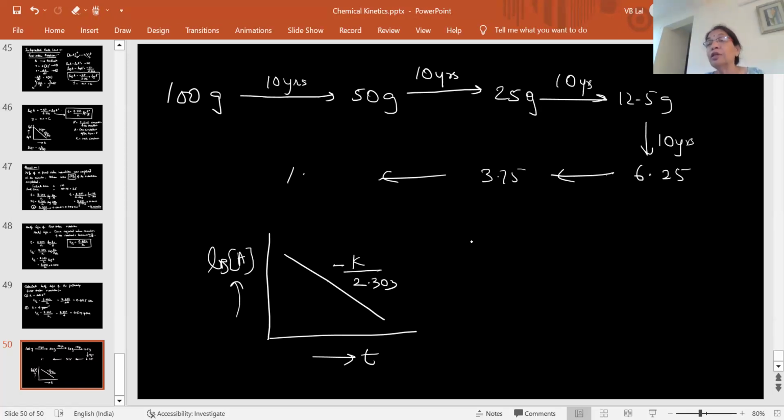So if I find the slope of the graph, I can find the rate constant. I have not done that type of question now, so I will keep those questions ready for tomorrow.